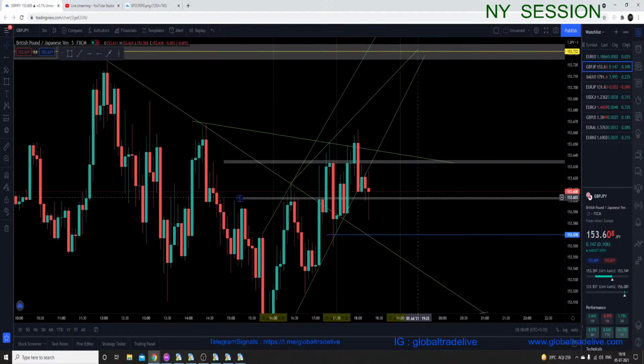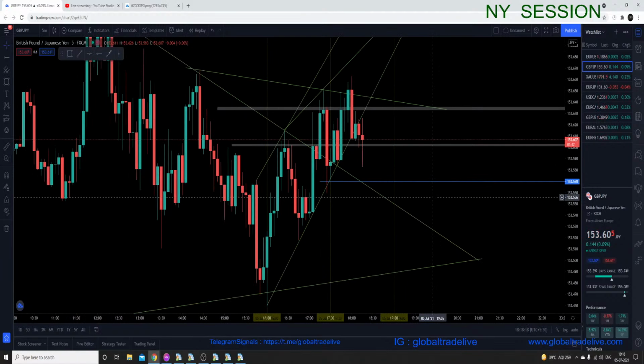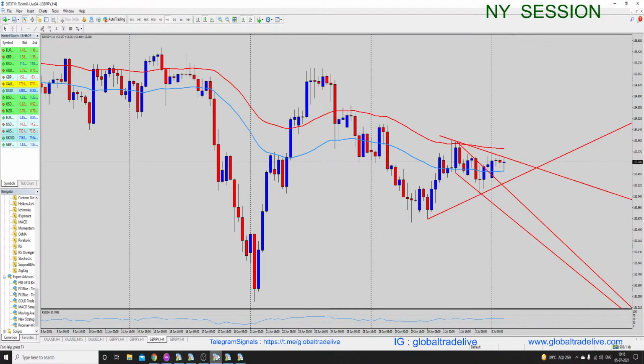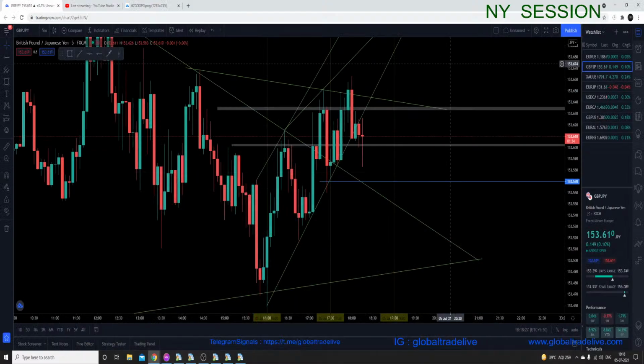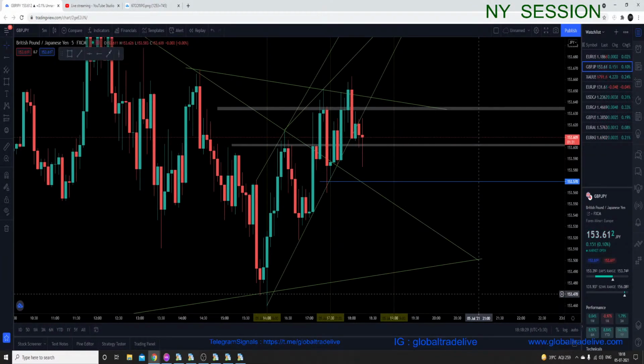Soon there will be the NYSE open, and at the time of the NYSE open we can see some move happening. Still got 1 minute 50 seconds left here, and let's see where this candle will be closing. That means 10 minutes will be there for the 4-hour candle to close.